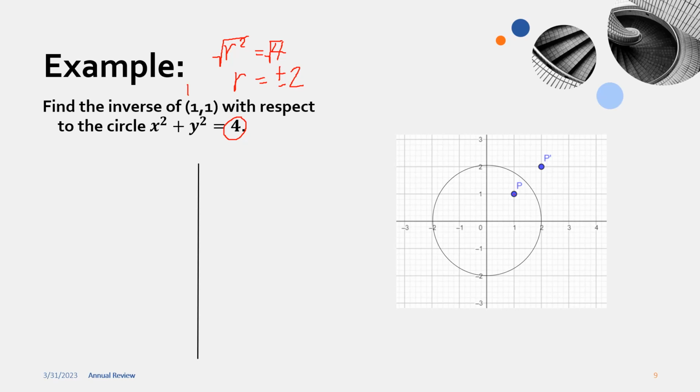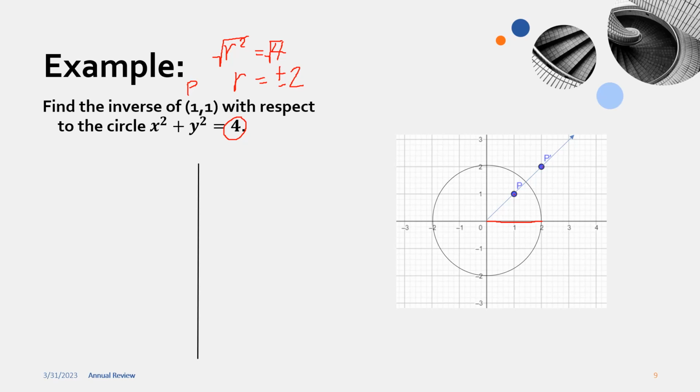Suppose that we denote this point P, and our inversion point is denoted as P prime. So let's connect it by a ray. Since the length of this radius is 2 units, we are able to illustrate our circle.